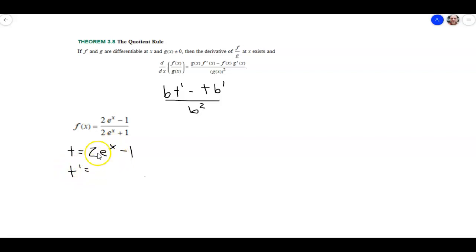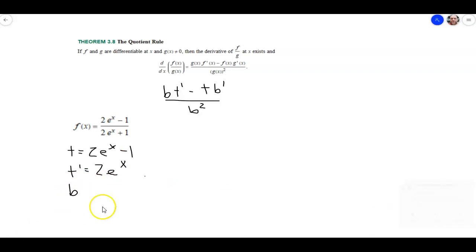Remember, the derivative of e to the x is just e to the x, and using the constant rule of pulling it out and back in, the derivative of that is just going to be 2e to the x, and then the minus 1 just becomes 0, so we don't need to put that on there. And then we have the bottom.